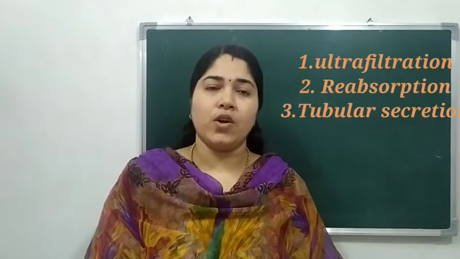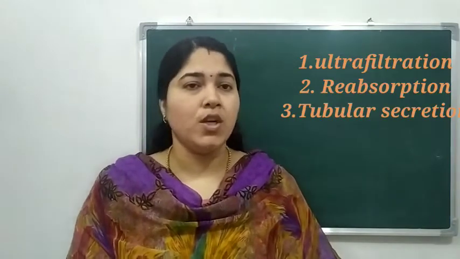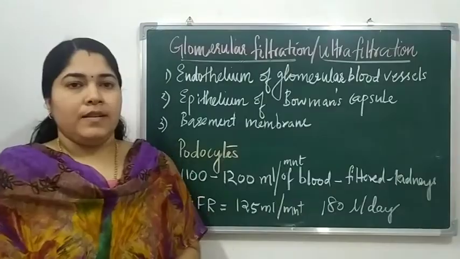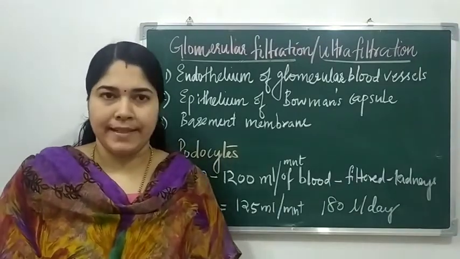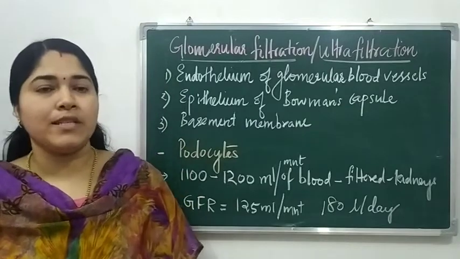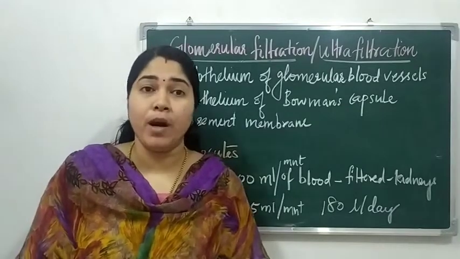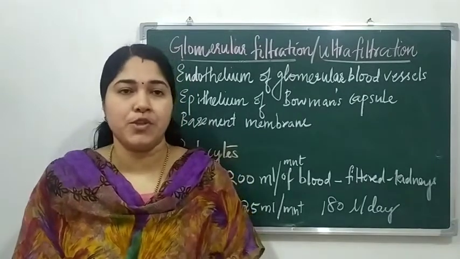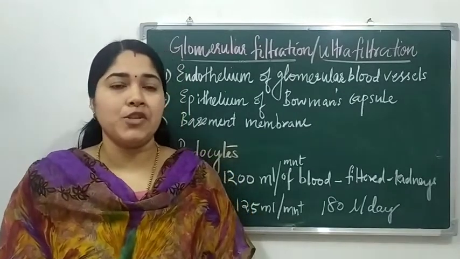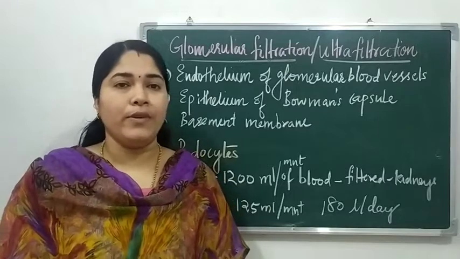The first one is called ultrafiltration, or glomerular filtration. As I told you, the glomerulus is made up of blood vessels, and these blood vessels create a pressure in the glomerulus for the filtration.